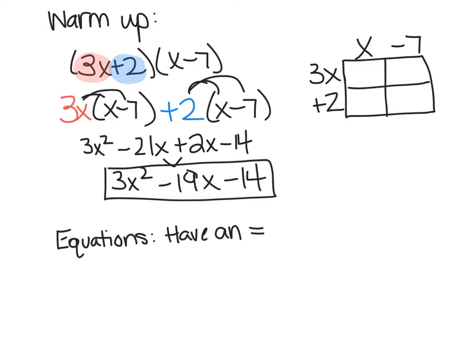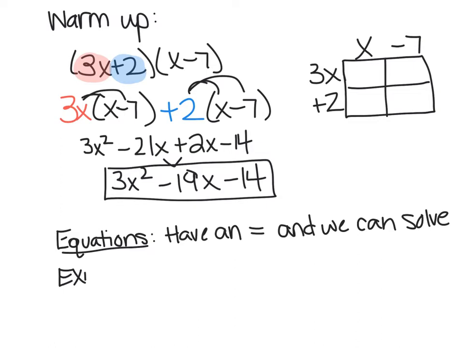So for example, that 3x squared minus 19x minus 14 is not an equation because it does not have an equal sign in it. And if it has an equal sign, that means we can solve for a variable. So just some vocab there. Equations have an equal sign and we can solve for a variable.